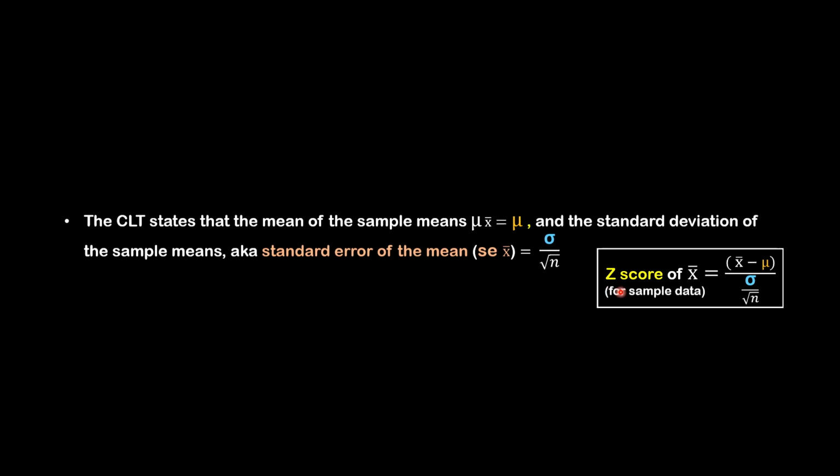You can also compute z-scores for sample means using this formula. So we subtract the mean, so mu, the population mean, or the mean of the sample means, from a particular sample mean, and we divide the difference by the standard error.